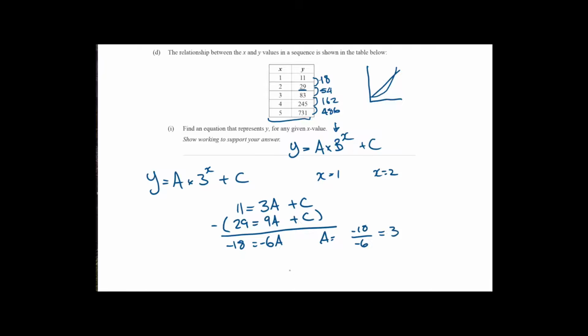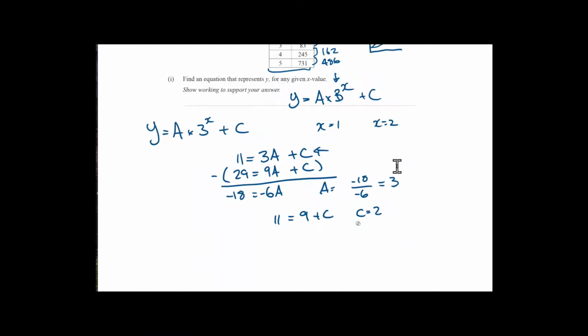Now we need to know what c is. So we know that a is 3. So let's just come up to this one. 11 is going to be equal to 3 times 3, which is 9, plus c. Take 9 away from both sides, and we see that c is 2. Now we actually have everything that we need. So we know that y is going to be equal to 3 times 3 to the power of x, plus 2.